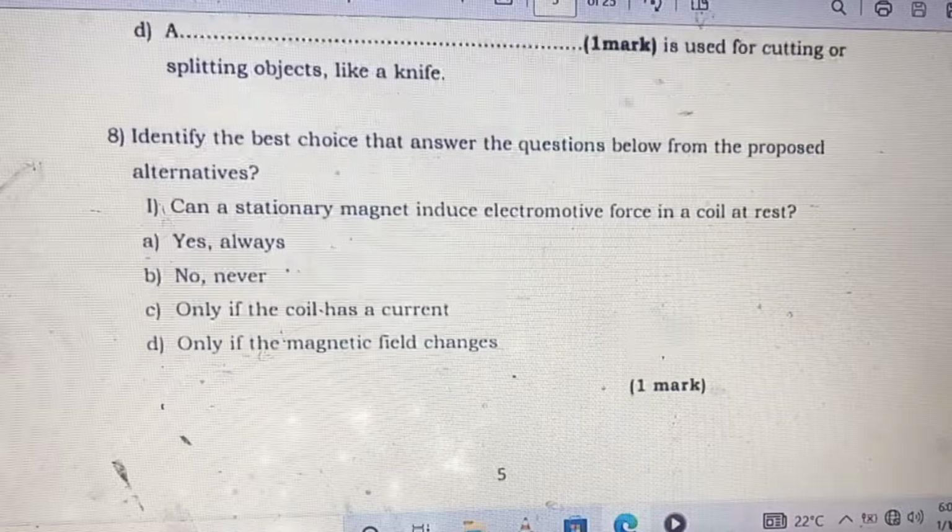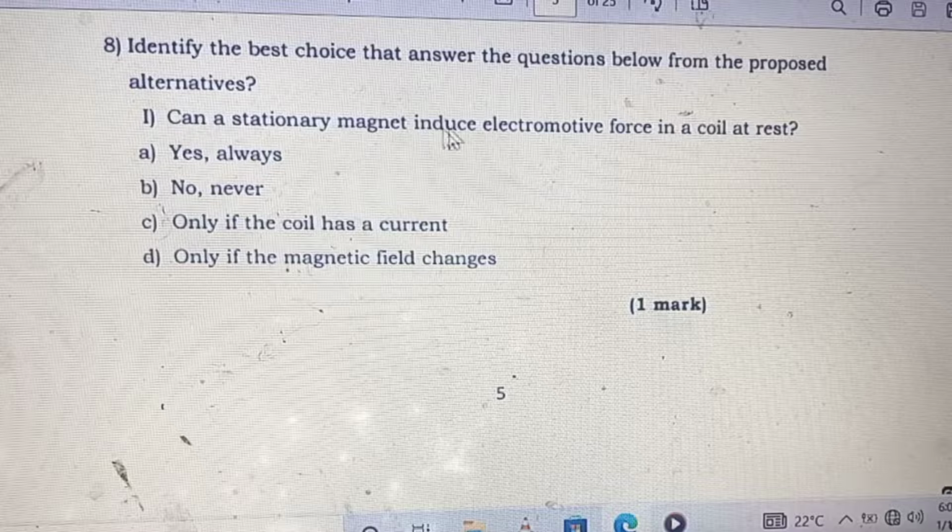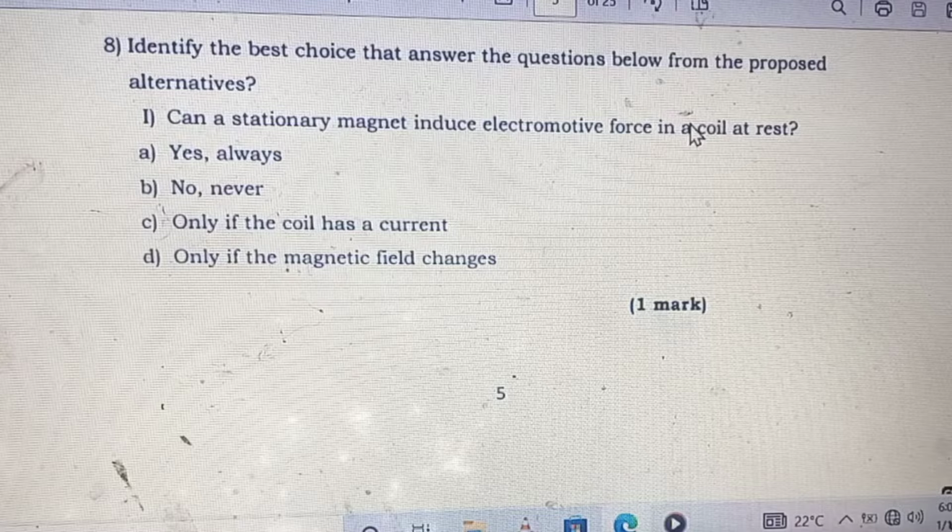Question number 8. Identify the best choice that answers the question below from the proposed alternatives. I. Can a stationary magnet induce electromotive force in a coil at rest?